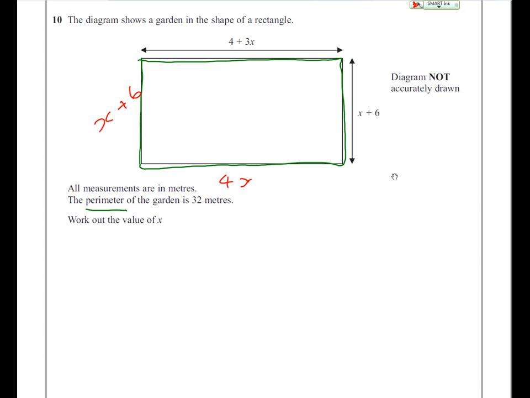Usually correctly. 4 plus 3x. So can you see I've got that? They're just the same. Opposites are the same on a rectangle. So all around the edge gives you 32. So we need to use our algebra skill.